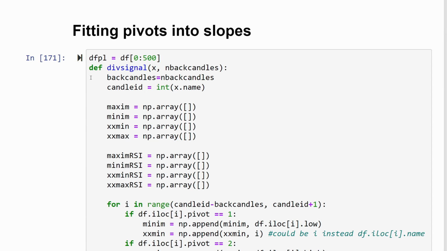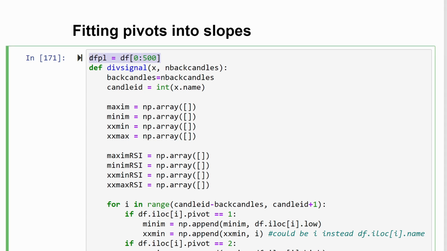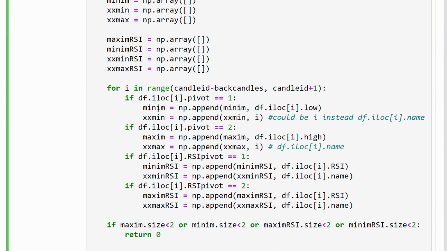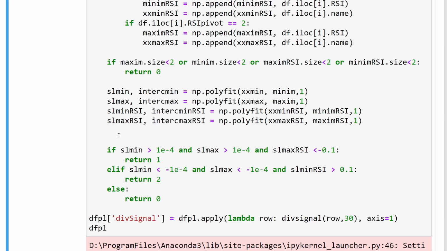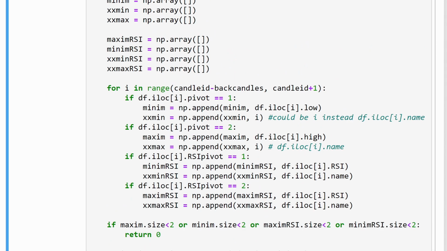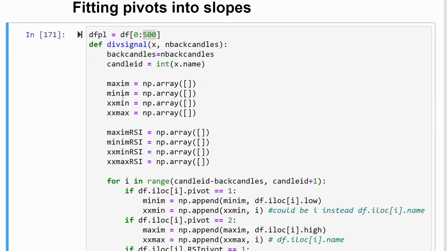And you may have noticed that I simply took a slice of the big data frame from 0 up to 500, so it's only 500 candles. The reason behind this is that it takes a lot of time to compute this. Not an excessive amount of time, but it took about 5 minutes for my CPU to process this, because for each candle we have to look back 30 candles, check the minimas, check the maximas, and fit those for the RSI and at the same time for the candlesticks.